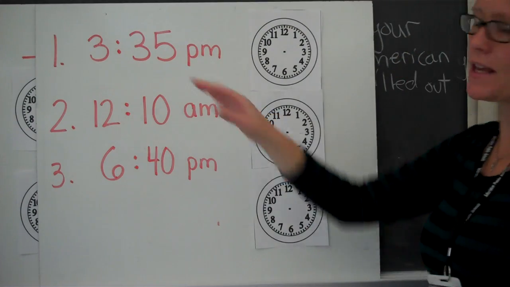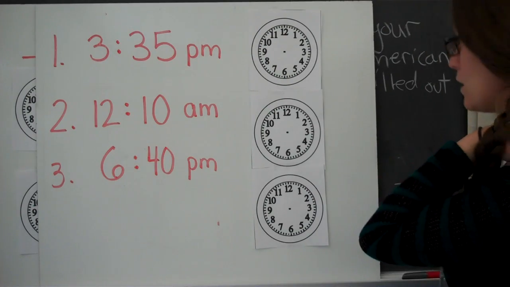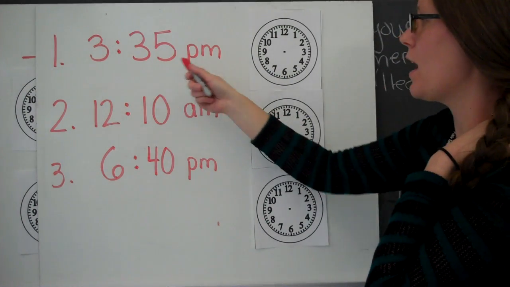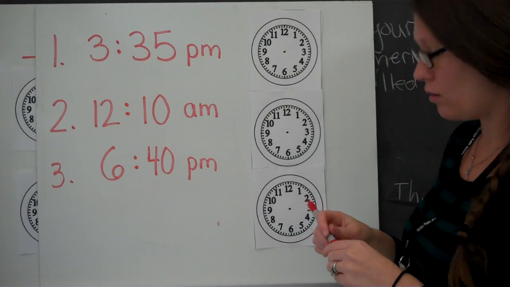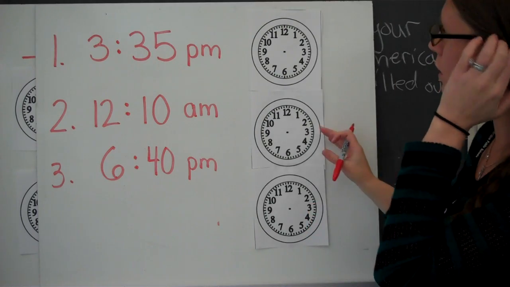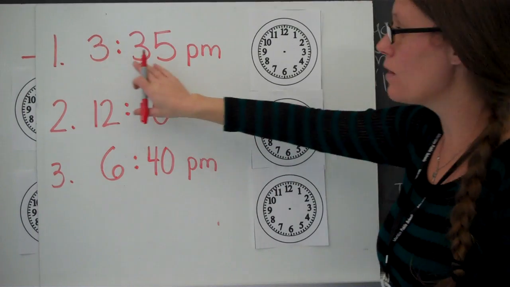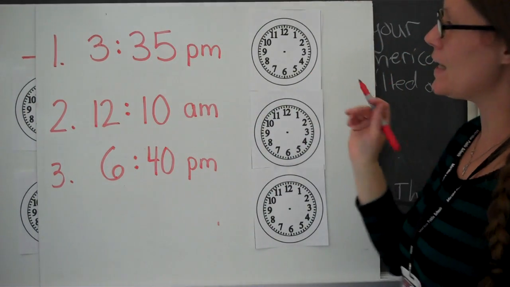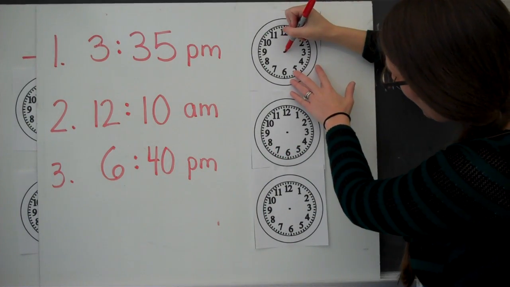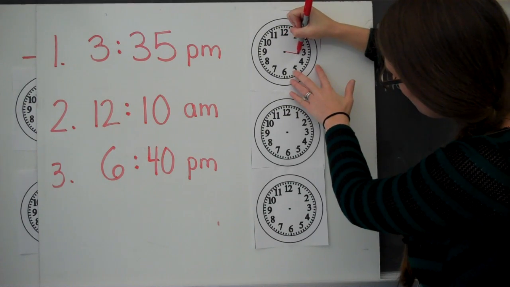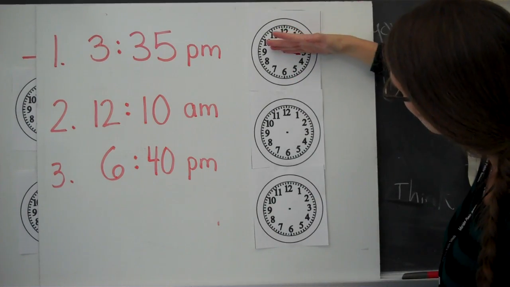This next one, I already gave you the times. We need to write hands on our clock. So the first one says 3:35 p.m. That's the afternoon. That's when you'd be getting on your bus or seeing your parents after school. So I'm going to start by looking at the hour. It says 3:35. It's a little bit past the 3 o'clock hour, so I'm going to make my hour hand a little bit between the 3 and the 4. It's not exactly on the 3.